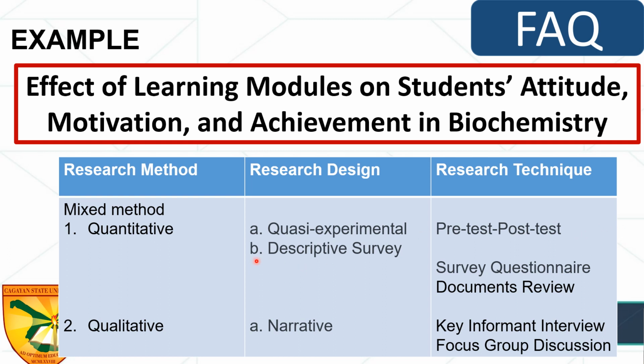Another quantitative method that I'll be using is a survey. It's a descriptive survey where I'll be using survey questionnaires, and I will also be reviewing documents. For the qualitative part, the research design is a narrative. I'll be interviewing key informants, and I'll also be having focus group discussions.